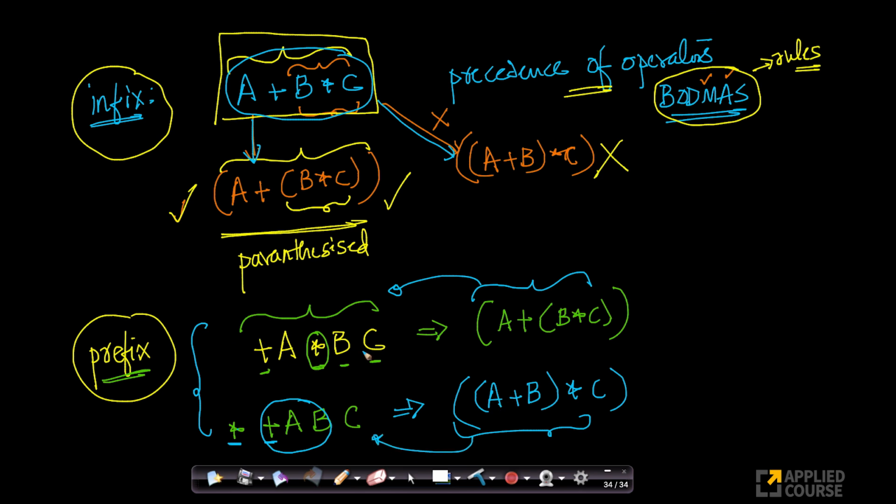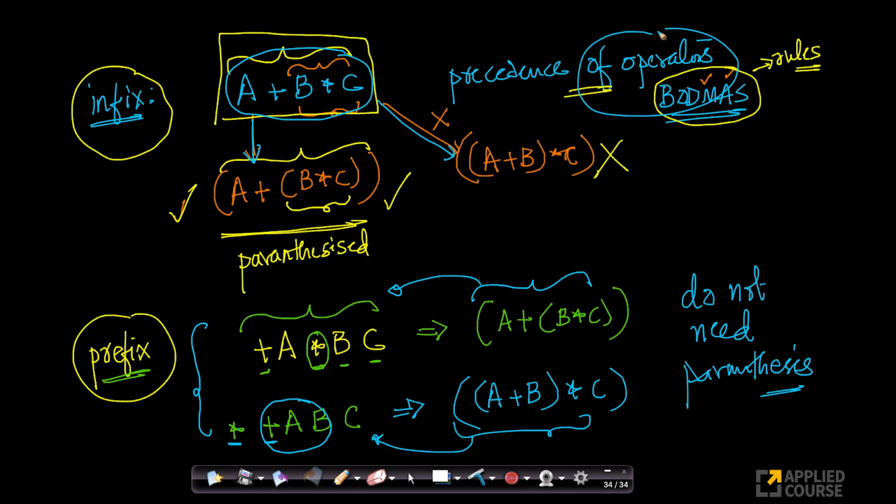So when I have prefix notation, I do not need parenthesization. I do not need parenthesis, and there is no confusion here, right? I do not need to know the precedence of operators, because in prefix notation, the precedence of operators is inherent.